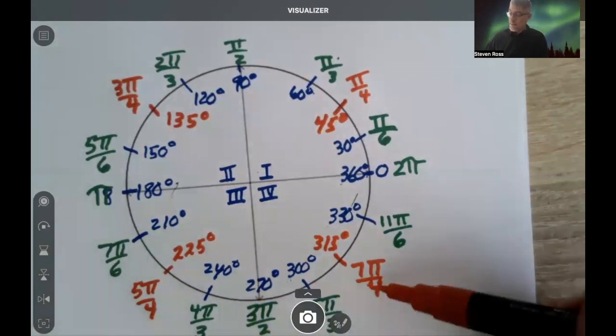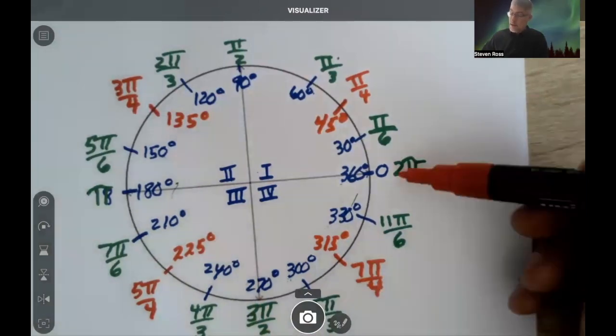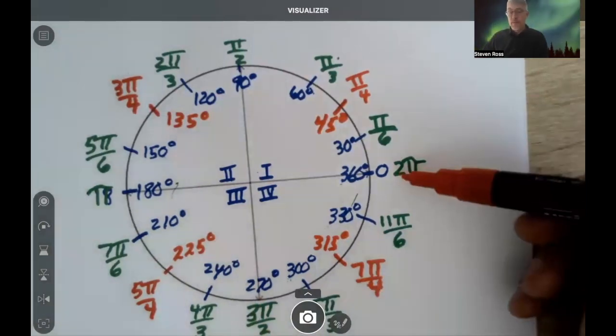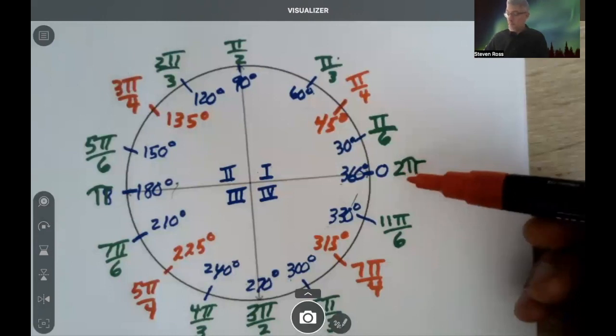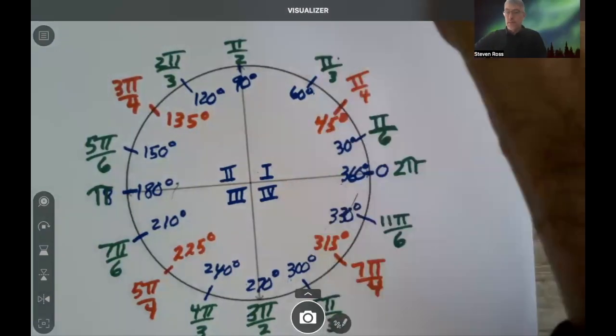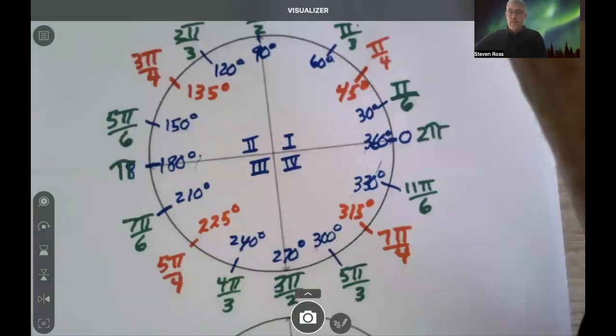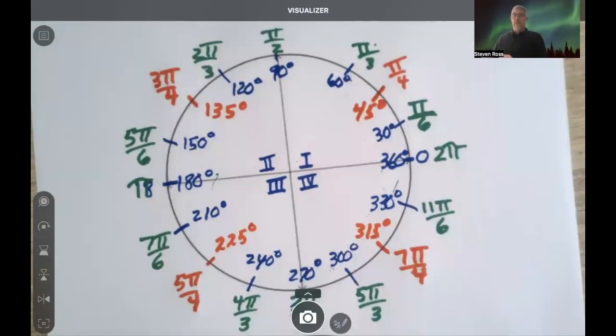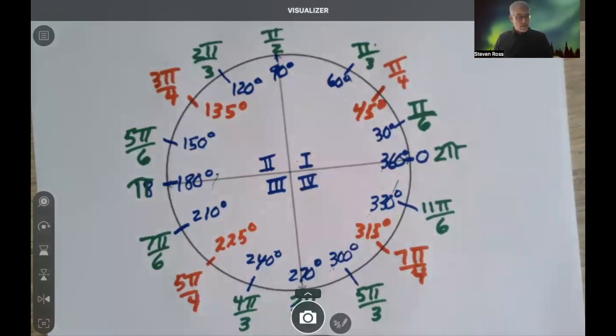And we go 7 pi over 4 plus pi over 4 is 8 pi over 4. 8 divided by 4. And we're back around to 2 pi. So this is the complete unit circle. Like those are all of the special angles, at least. There are a lot of other possible angles, but those are all special angles.